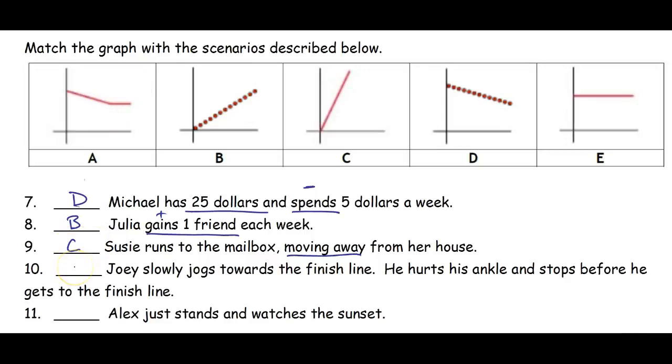C is going to be our answer. Since she's running away, we're going up. Okay, Joey slowly jogs toward the finish line. He hurts his ankle and stops before he gets to the finish line. That would be our A. And E, Alex just stands and watches the sunset. Well, Alex, you're lazy, and you get an E.